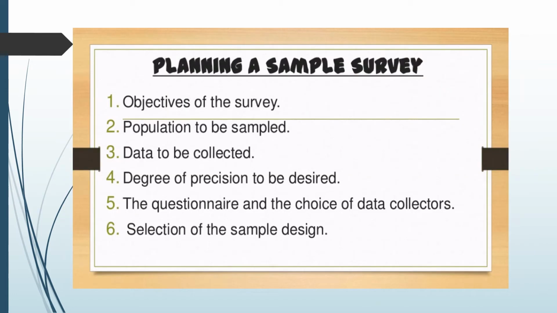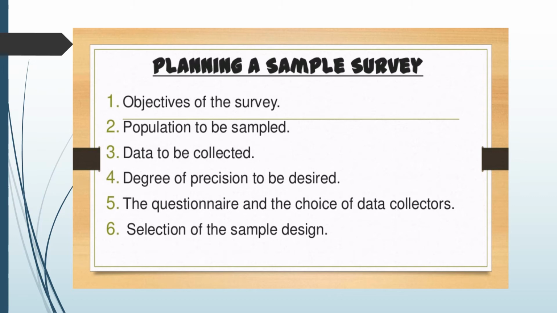Then let us proceed to planning a sample survey. We have 10 guides in order to plan a sample survey. First is objectives of the survey. Second, population to be sampled. Third, data to be collected.